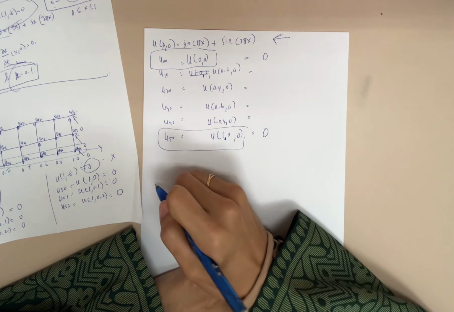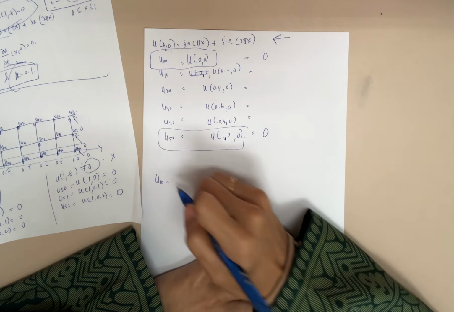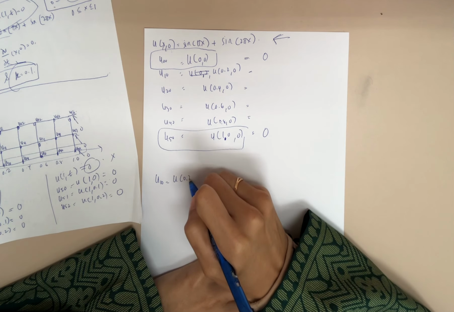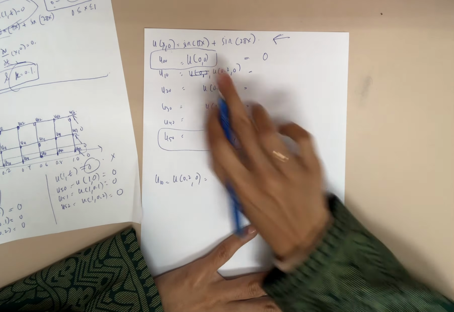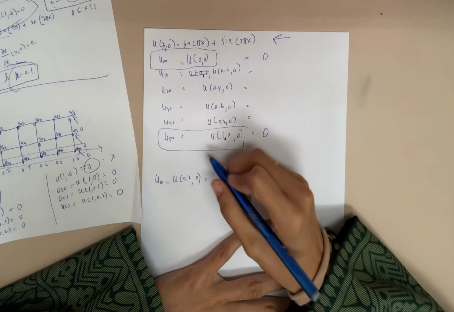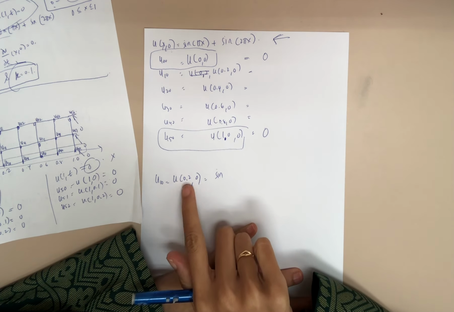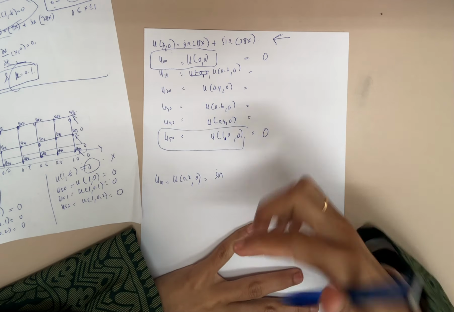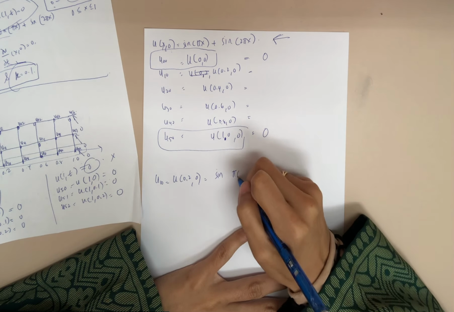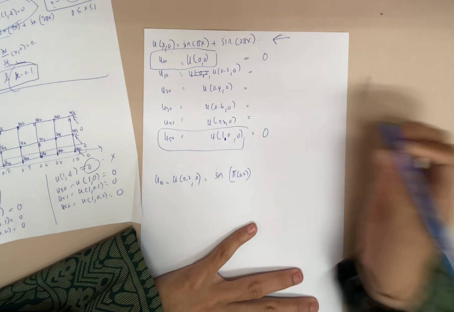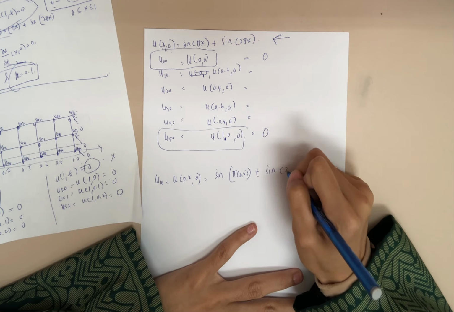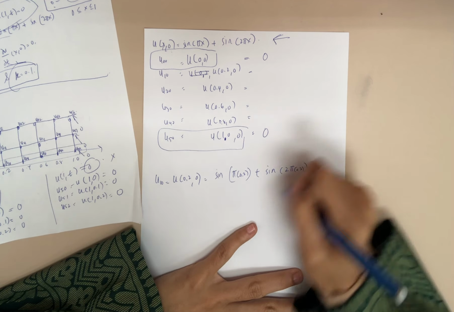How to calculate? For example, I will start with U10. U10 means that your x is 0.2 and your t is 0. So you just substitute into the equation: x is 0.2, t is 0. So you have sine pi 0.2 plus sine 2 pi 0.2. So you calculate.